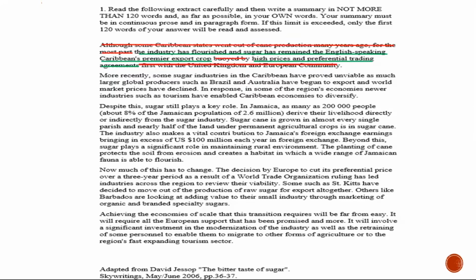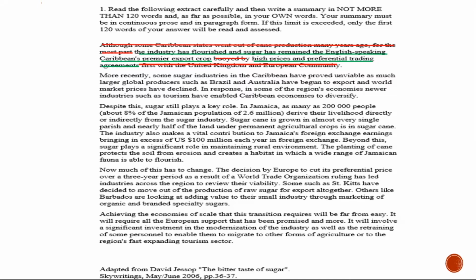Remember in a previous video I did highlight to you that there are major details and minor details. The parts underlined in green are seen as major details in this paragraph. They support the entire topic of sugar within the Caribbean. All the parts in red are minor details and do not necessarily add anything to the major detail.